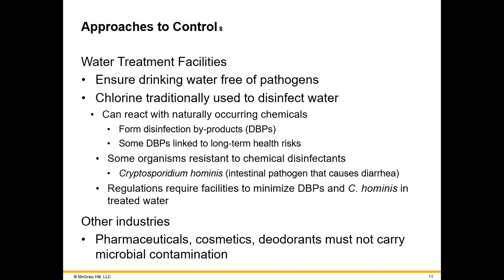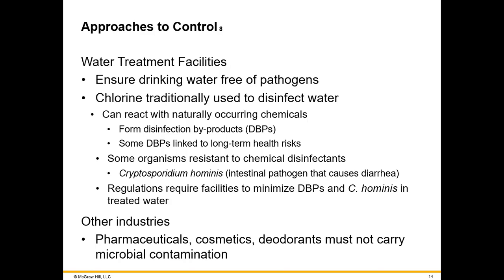So, for example, Cryptosporidium hominis, it's a prominent pathogen that causes diarrhea, and it can be more serious in infants and children. So there are regulations that require facilities to minimize DBPs and C. hominis contamination in the treated water, and these are used as guidelines for the minimum quality of the water before it is being released for consumption.